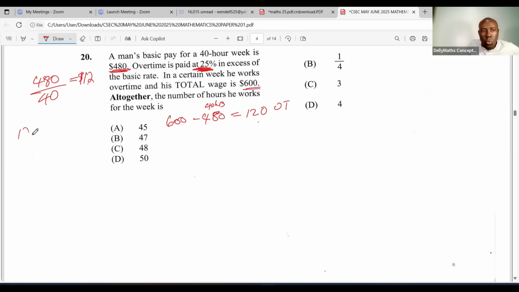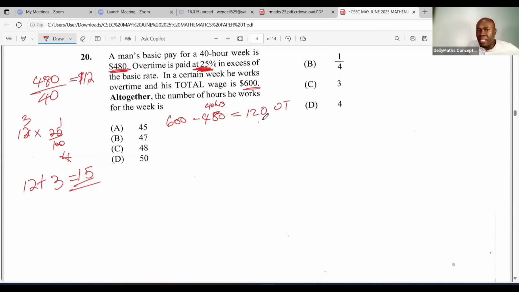What is 25% added to 12? 25% is a quarter, so he's getting $3 more. So 12 plus 3 is $15 per hour on overtime.